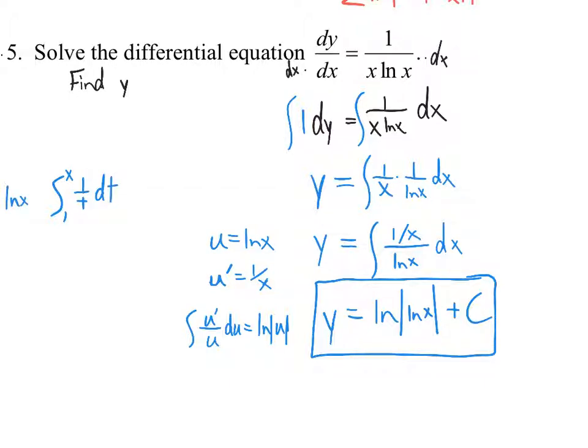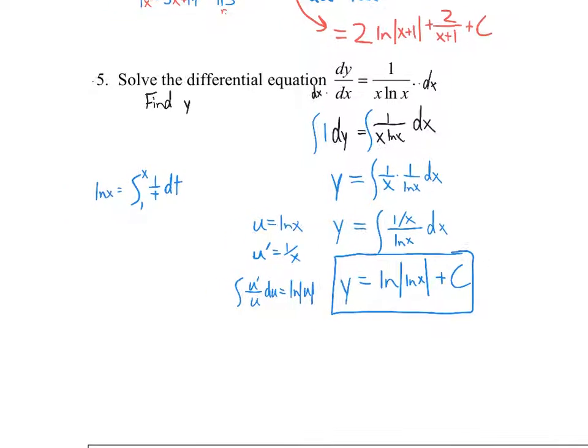So then if we took the derivative of both sides, we had the second fundamental theorem of calculus, which says that the right-hand side would just equal 1 over x. And this is the derivative of ln of x.